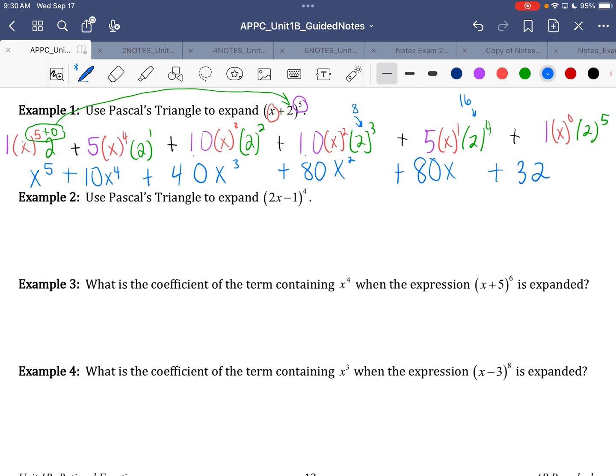I want you to try to expand out number 2. What row will we have?